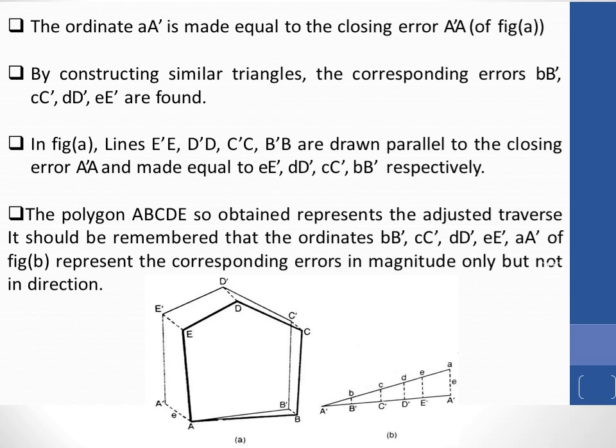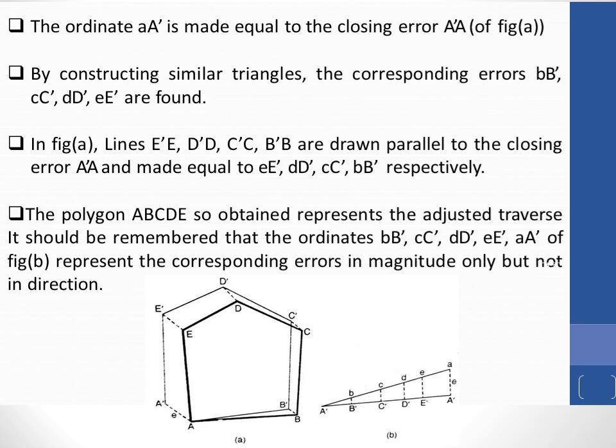So in figure A, now you have to look at figure A. In figure A, lines E dash E, D dash D, C dash C, B dash B are drawn parallel to the closing error A dash A and made equal to E dash, D dash, C dash and small b dash respectively.